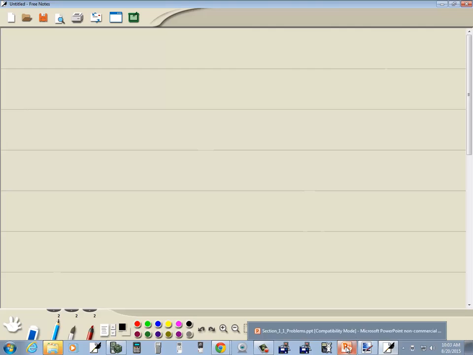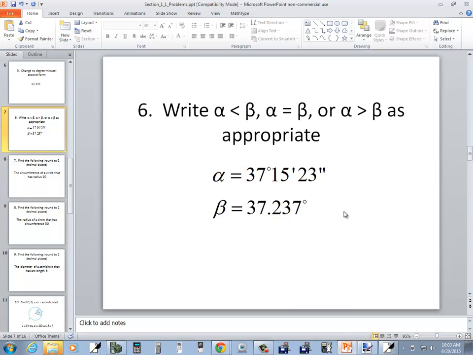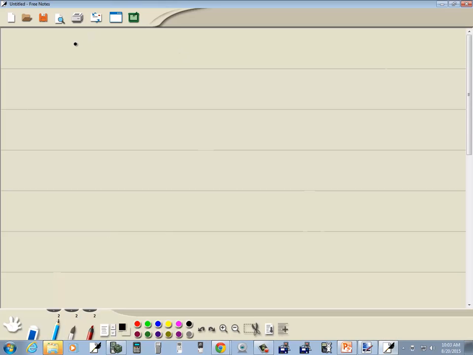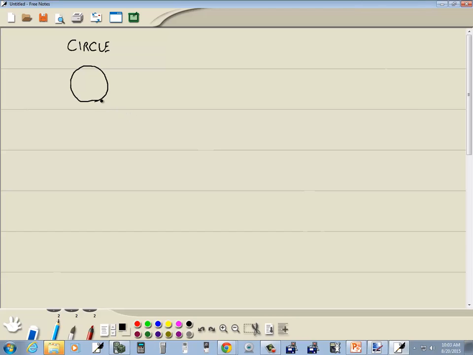Okay, now the next part deals with some basic formulas with circles. So let's talk about this. Our circle looks like this. And remember when we were dealing with angles, we started at our initial side, went all the way around, and came back to our initial side, then that was 360 degrees.